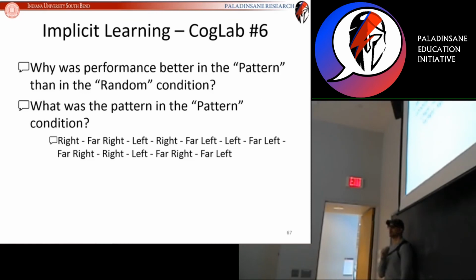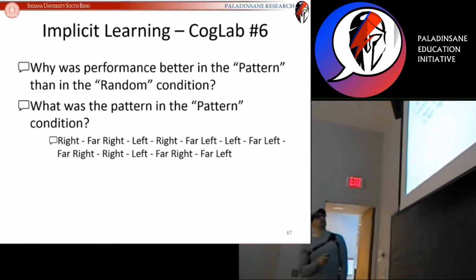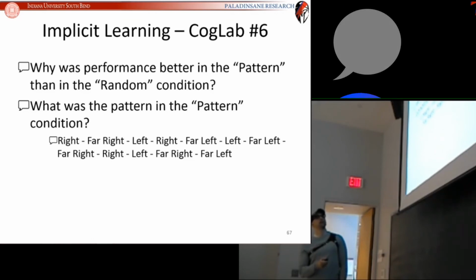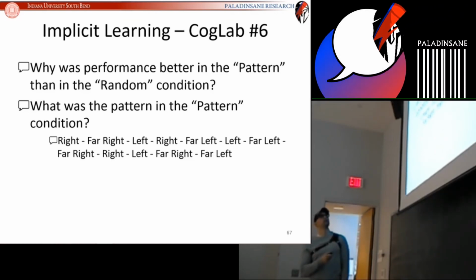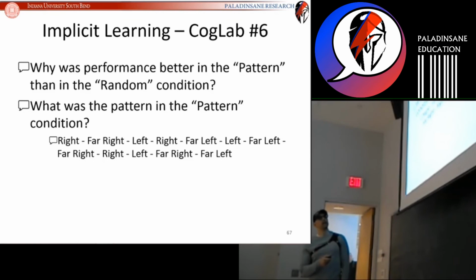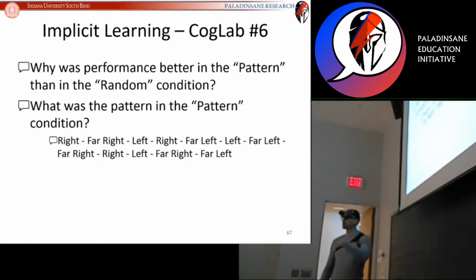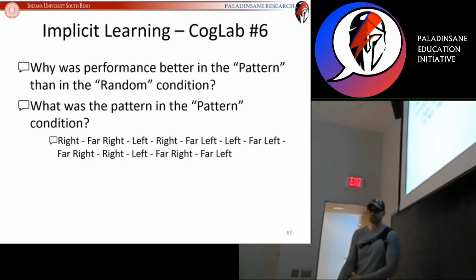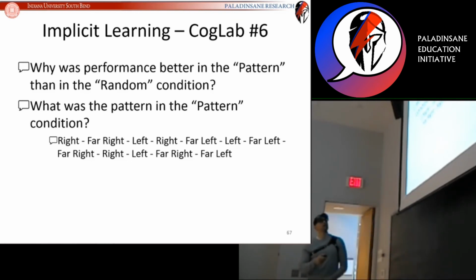Even though you didn't know what the pattern was, your unconscious memory processes, your procedural memory, was able to learn it so that you could react faster. You could anticipate that after right, far right, far left, then was a left, then a far right, right, left, far right, far left, and then you repeated the whole thing. You actually were able to detect this pattern, and that's why you were faster.